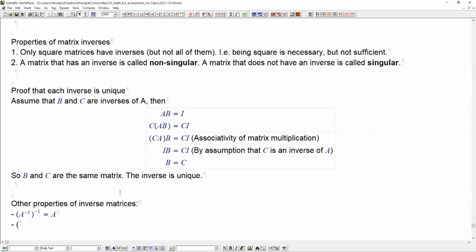Then the inverse of a product. So if I take AB inverse, this is super useful. It's like the inverse of a transpose. Does somebody remember what the transpose of a product is?